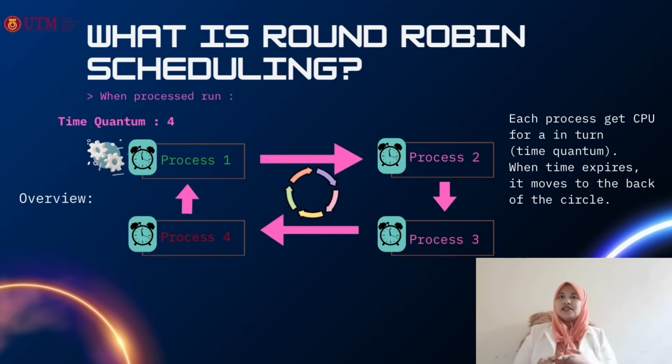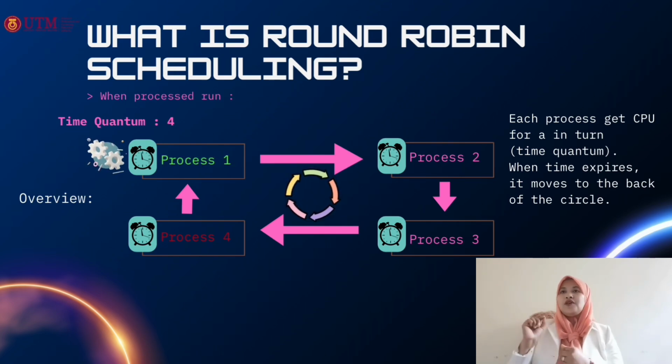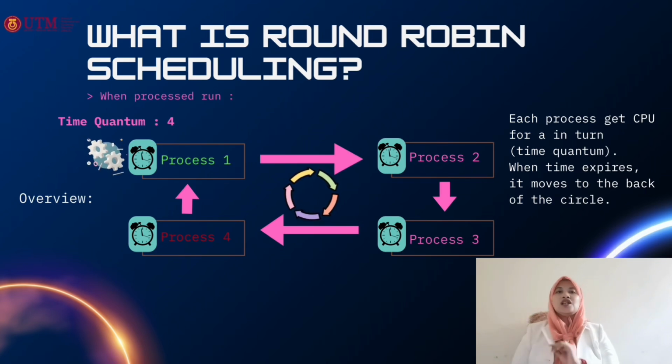If the process is not finished, it goes to the end of the queue and waits for its next turn. This continues in a circular fashion. That's why it's called round robin. This method is fair, ensuring that no process is stalled.